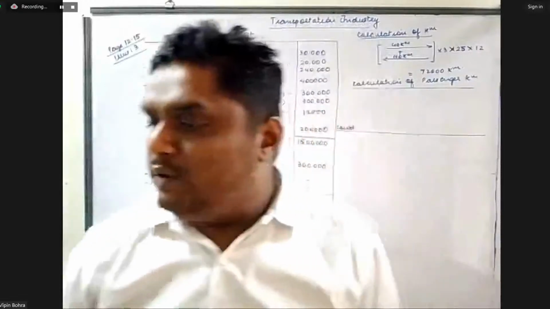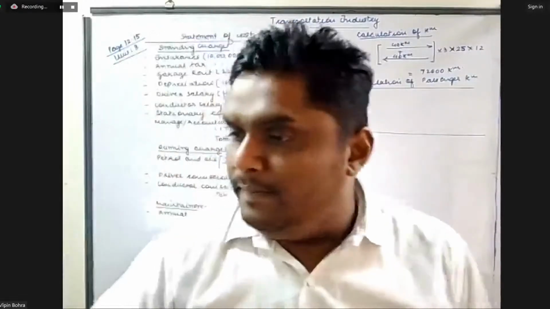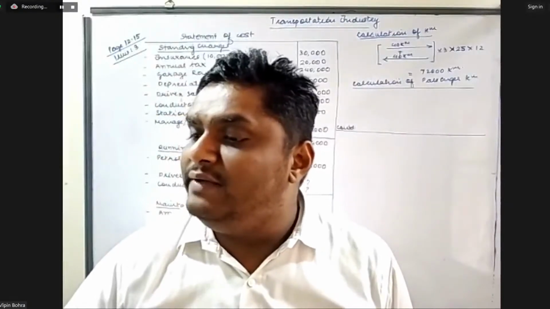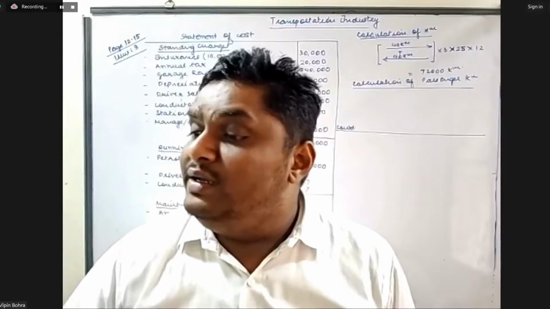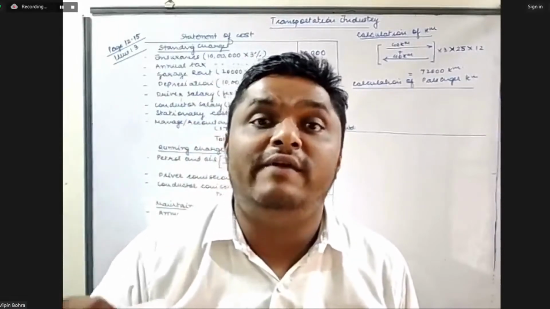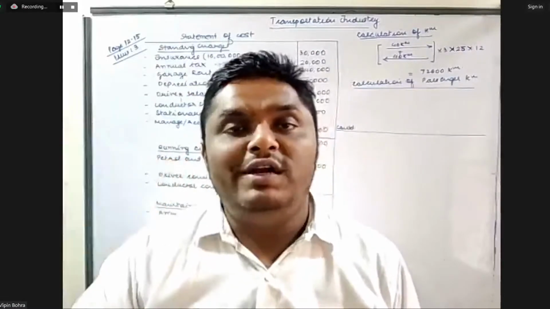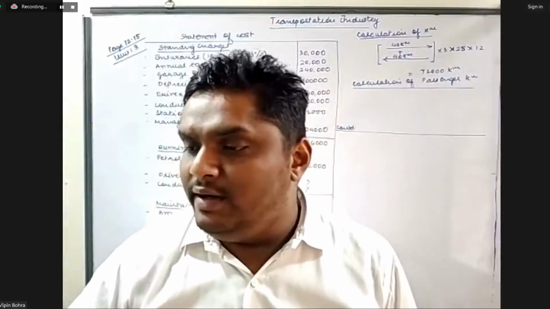The driver's salary will be 30,000 per month and the conductor salary will be 25,000 per month in addition to 10% of the taking. Here, the word taking means the revenue. 10% of the revenue as commission. So, of the total revenue, 10% we have to pay to the driver and conductor.